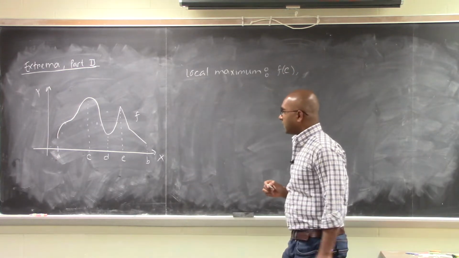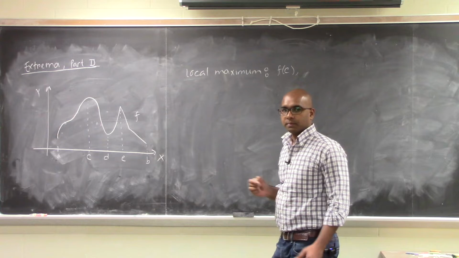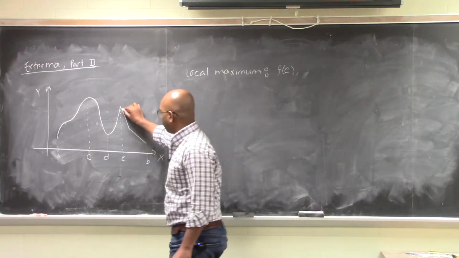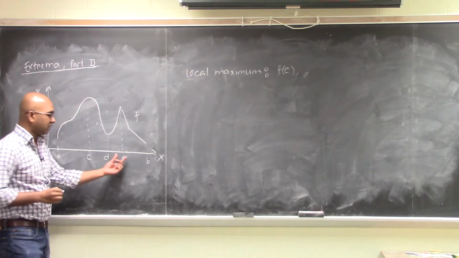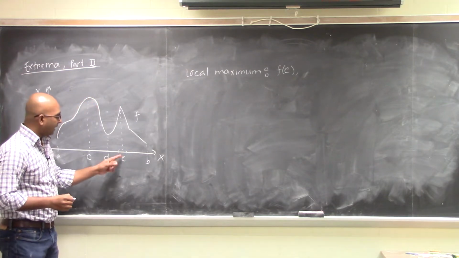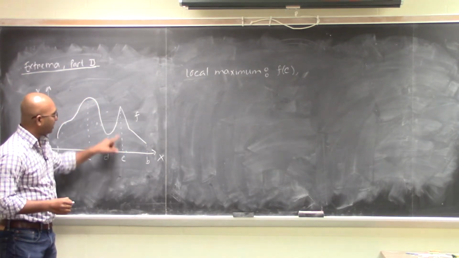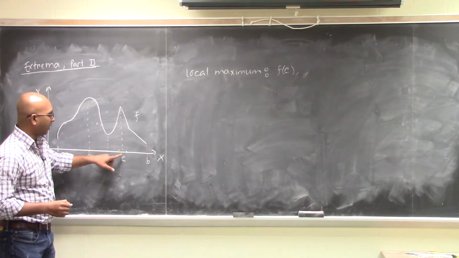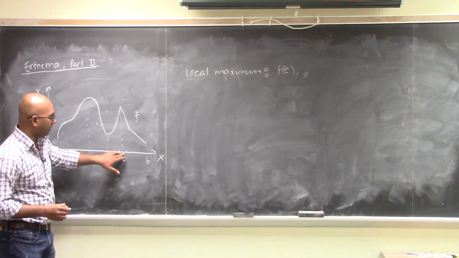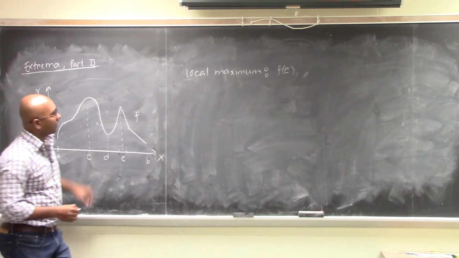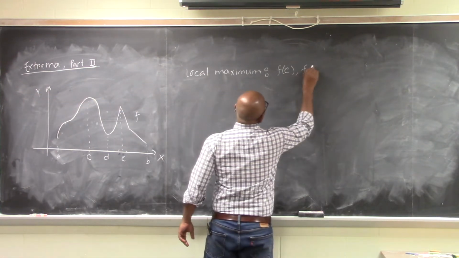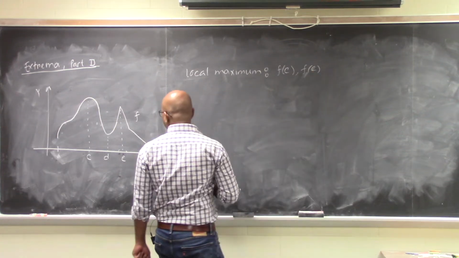Does it have any other local maximum? Yes, f of E, right? Once again, take some small interval containing that point, and the value which is the largest among all the outputs coming from this interval is a local maximum there, which is f of E. So these are local maximum.